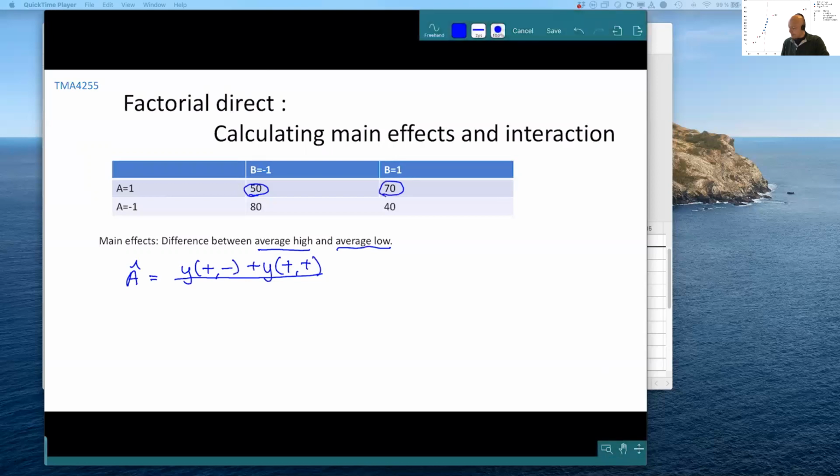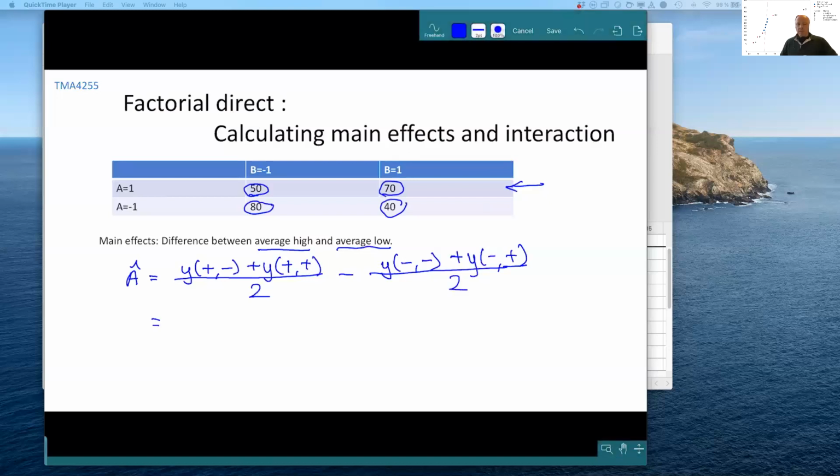That's this one. And we take the average of these high values, looking at the measurements where A is high. And then we subtract the average low. So A can be low and B can be low, that would be this case. And then A can be low, but B high. That's the 40 here. And we take the average low.